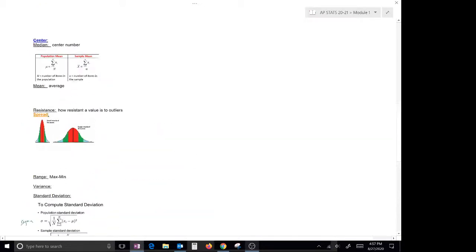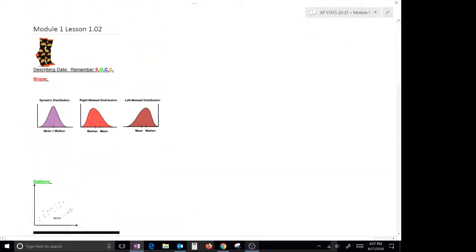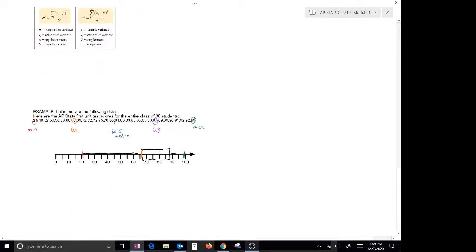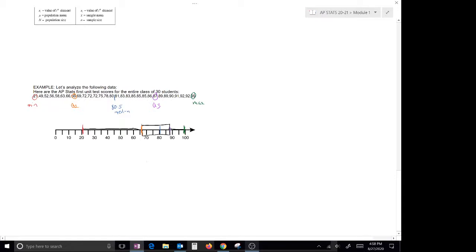Remember, left skewed would mean that we have a tail going to the left, and right skewed would mean we'd have a tail going to the right. Well, where's our tail? It looks like it's more to the left, so this is a left skewed data set.